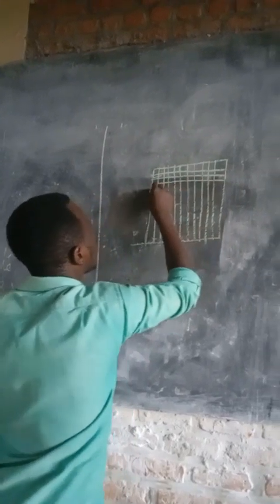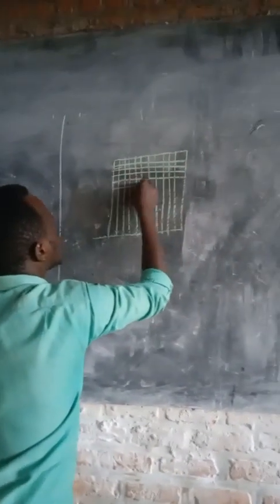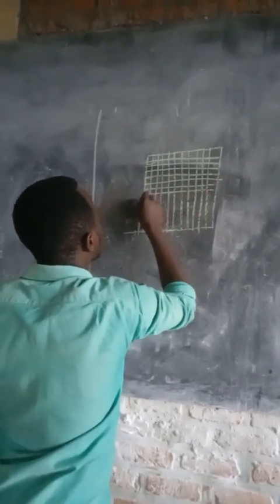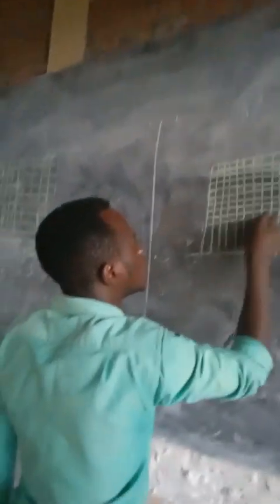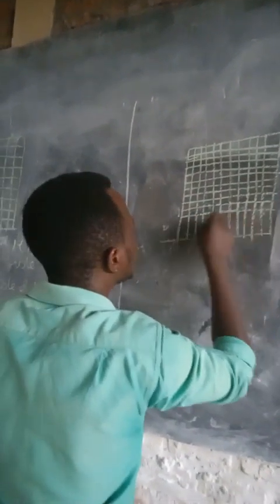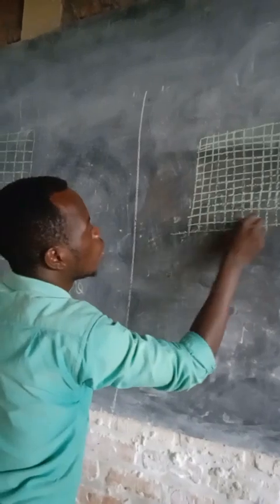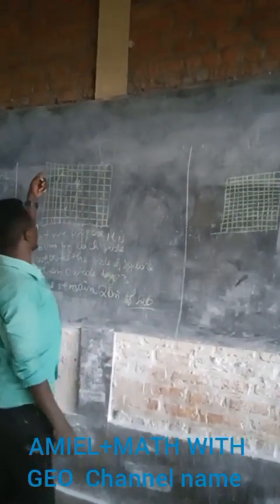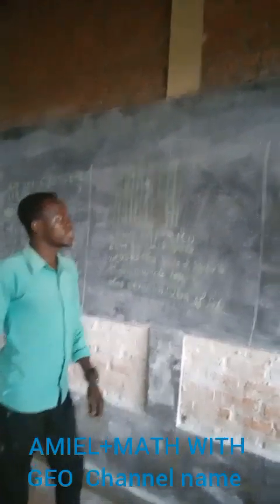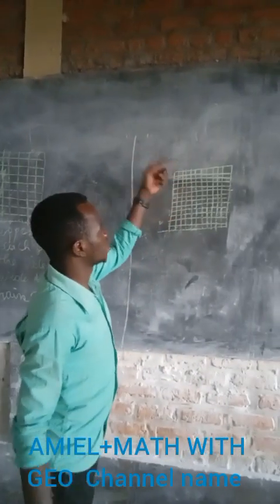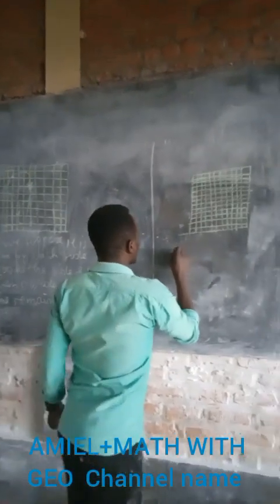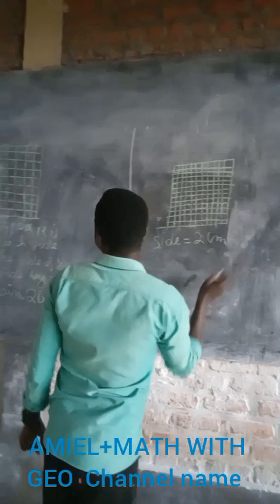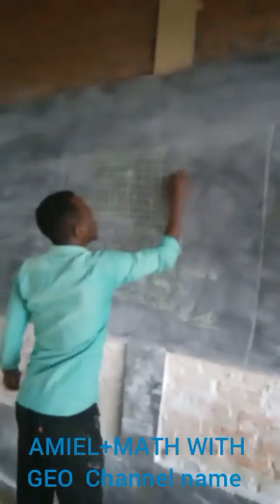Here we divide the different squares which have the side equal to 2 centimeters. Here you see the size of this side is bigger than this side.